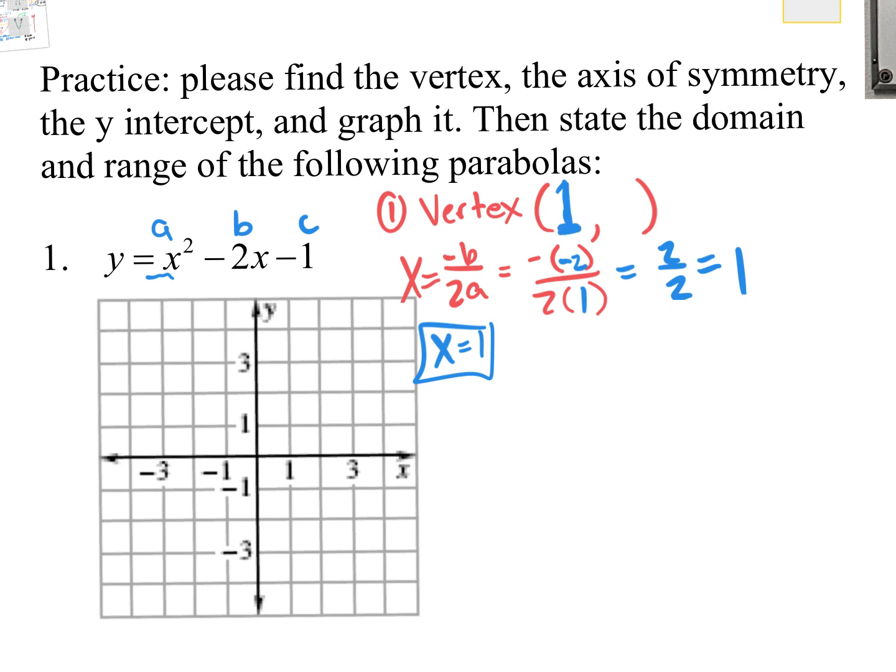There it is. How do I find my y value if I already know my x value? Anytime you have an x and you want the y, all you have to do is plug it in. So my equation reads y equals x squared minus 2x minus 1. That's what I'm going to write. Y equals x squared minus 2x minus 1.